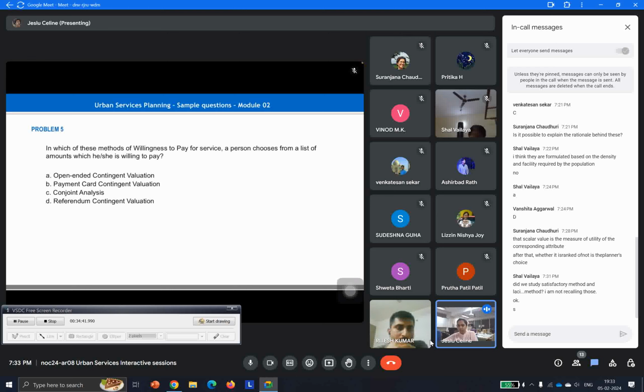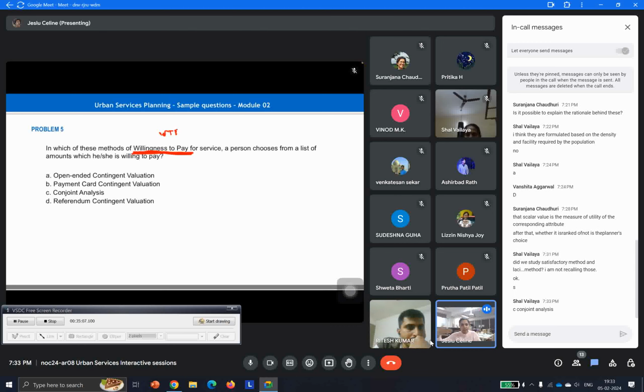Before we answer this question, just to briefly talk, we are mainly talking about willingness to pay here. This is a very important metric or yardstick which is used before we plan any service, to see whether people would be accepting the service, so we always need to know how much people would be willing to pay. There are several methods to find this so that we can budget the whole service we are providing.